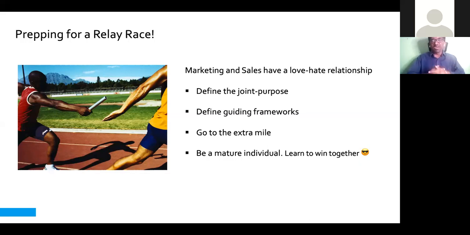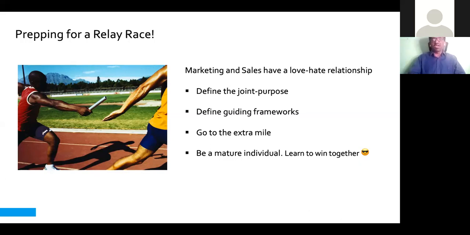So why is it important? You really have to debate sometimes, because that's healthy. A healthy debate will always help, because that's when you understand different points of view. I'm not saying an eternal debate is required, but it's important to have critical conversations so that sales and marketing can align themselves with a common goal.